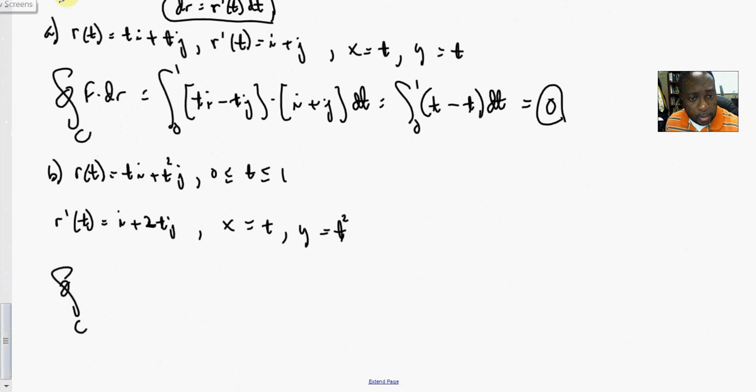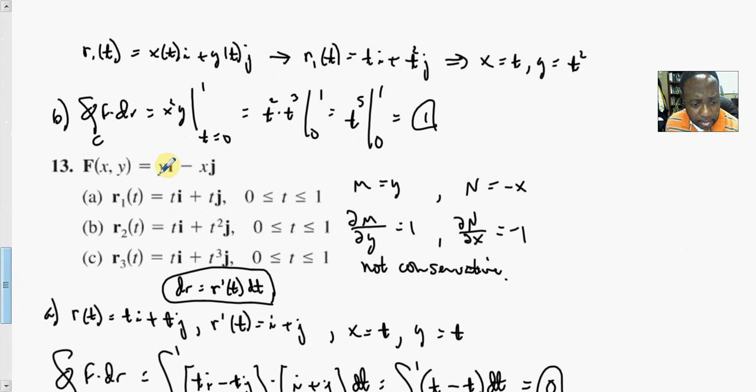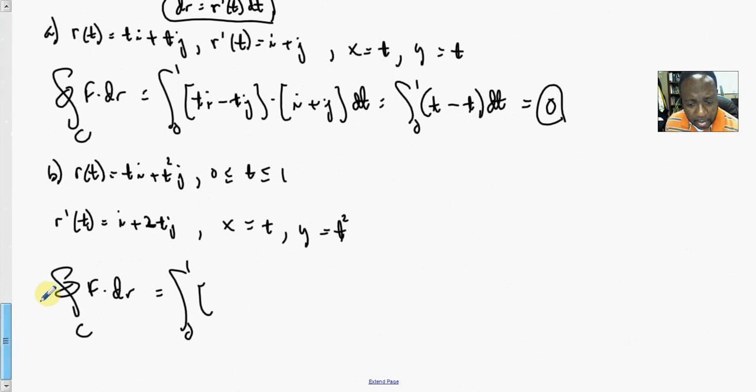We know the curved path is going from 0 to 1. This is the integral from 0 to 1. F is y i minus x j, but y is t squared.